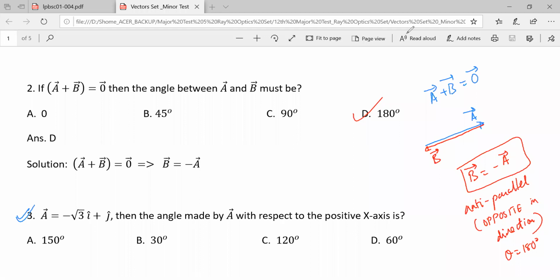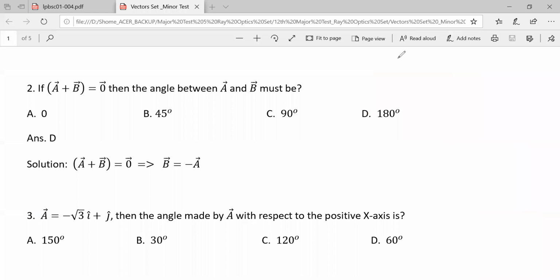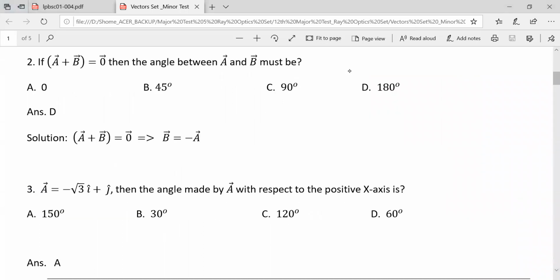Very good, Beta. Siddharth, correct. Good. Yes, that's correct. So A is the correct answer. Very good. It will be 150 degrees, because as you can just very easily draw this and verify.